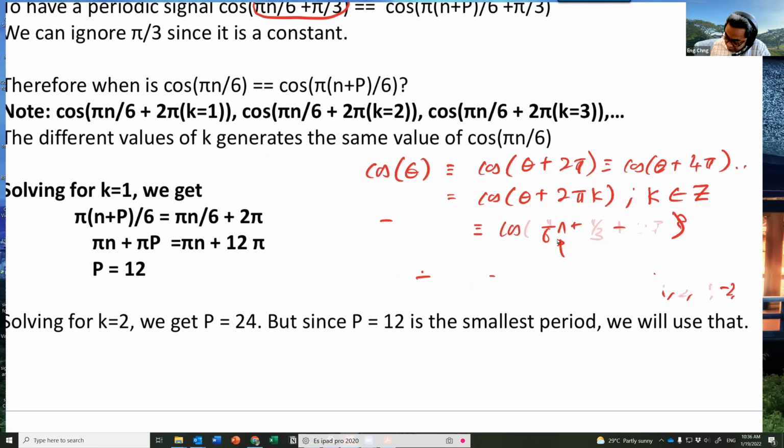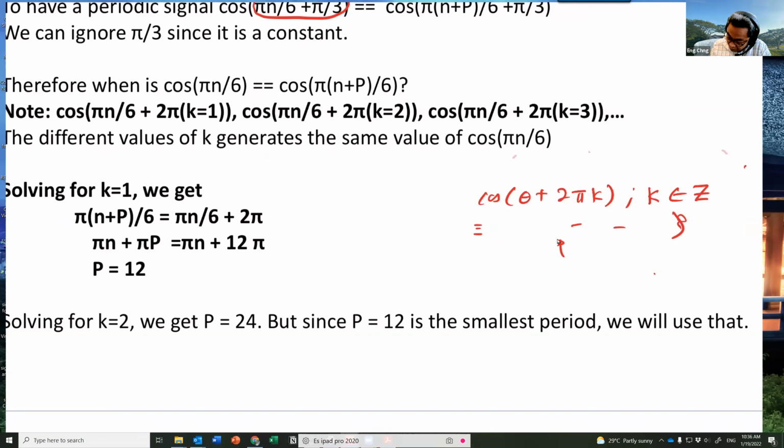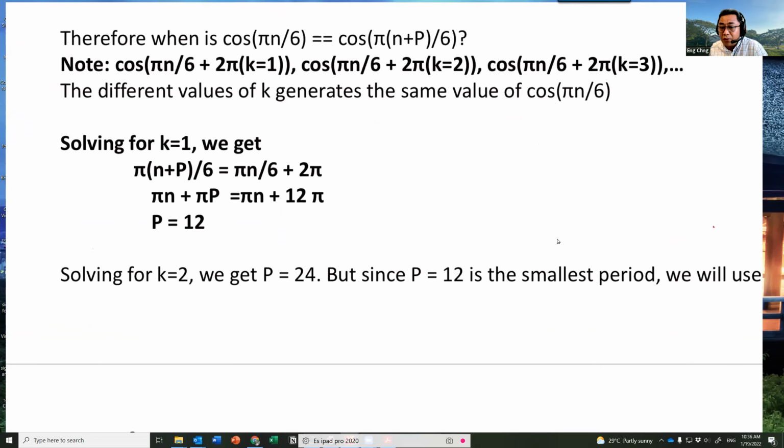When you go through the calculations, basically you'll realize that we can do it this way. We'll ignore the phase because that's useless. We work it out, and the answer is p equals 12. It means that x[n] is always equal to x[n plus 12] for any n.